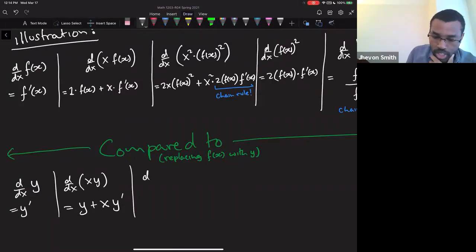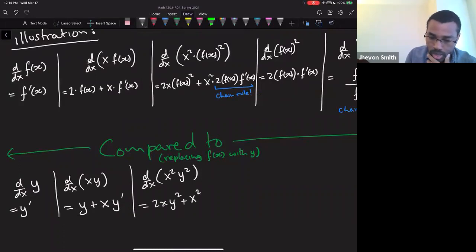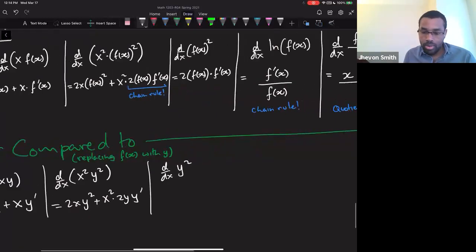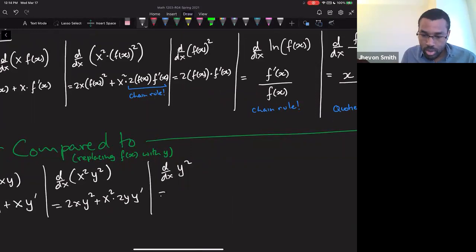If I wanted to differentiate x squared times y squared, what would that look like? 2x times y squared plus x squared times 2y y prime, right? Why? Because of the chain rule, like we did above. Differentiating y squared is just 2y y prime.